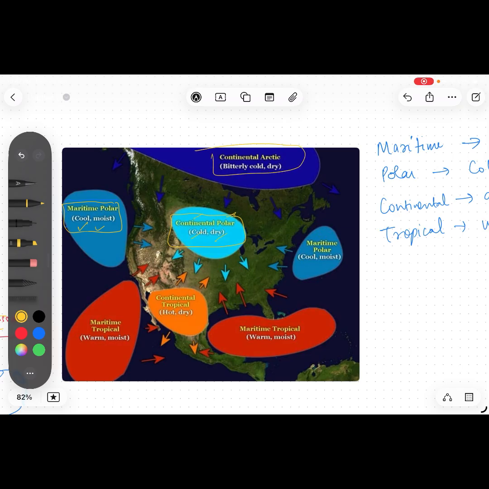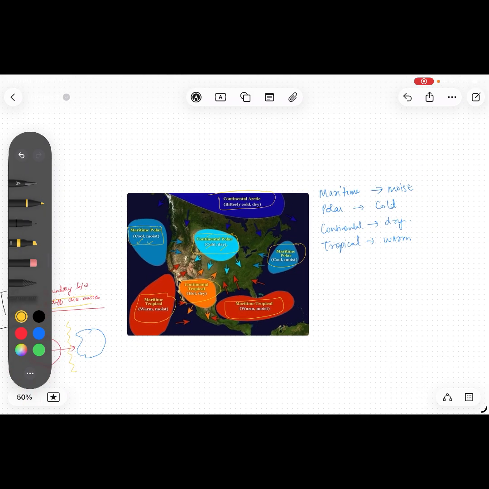Then there's continental Arctic, maritime polar, maritime tropical, continental tropical. So depending on where the air mass is, whether it is land, water, polar region or equator, we could describe that particular air mass. Will it be warm, cold, dry, or moist? This is how you would say it.